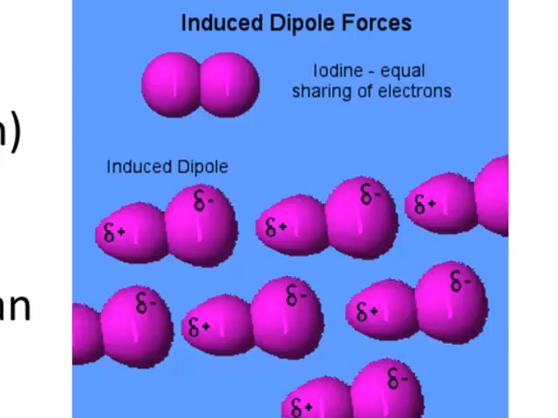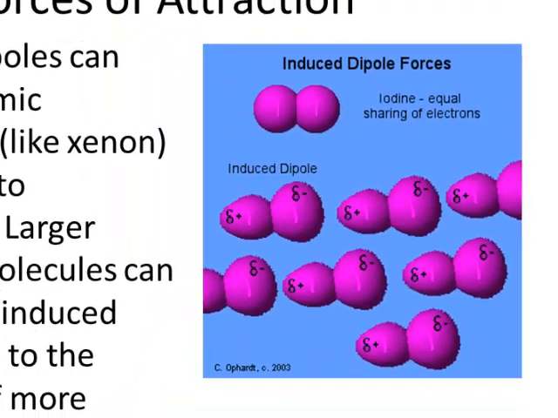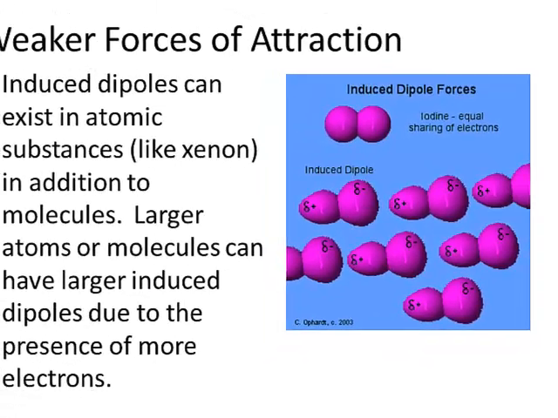But once again, these are temporary. They appear, but then they quickly disappear again too. As soon as whatever induced the dipole is gone, then it'll go back to looking like the original iodine electron cloud.